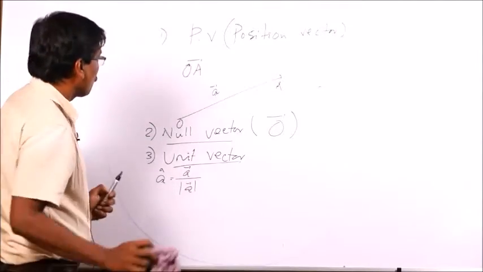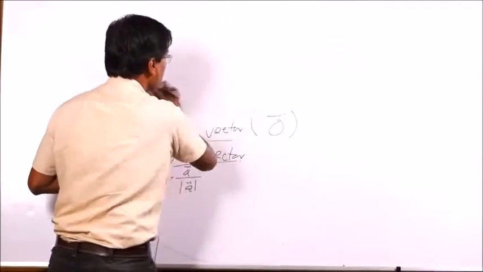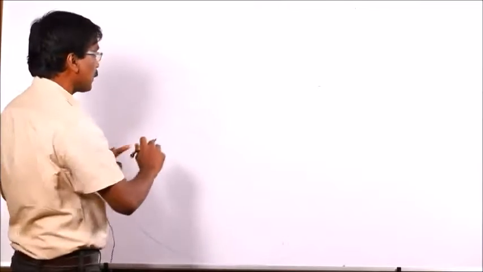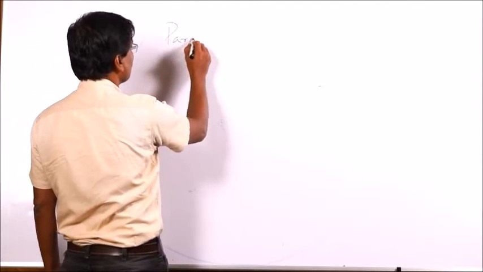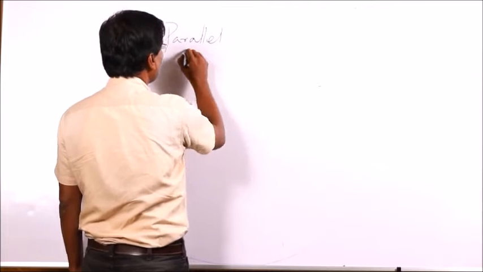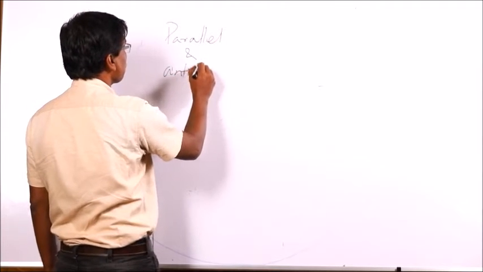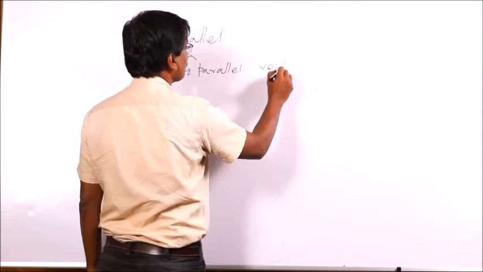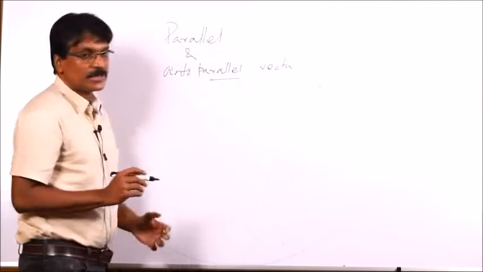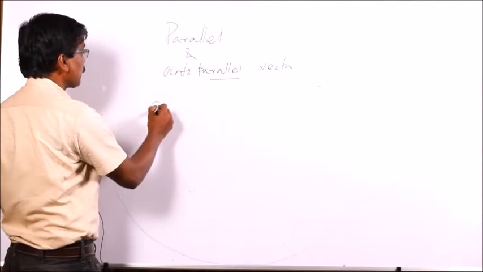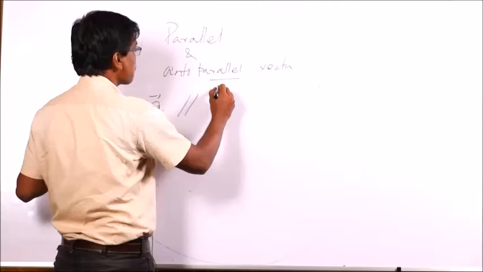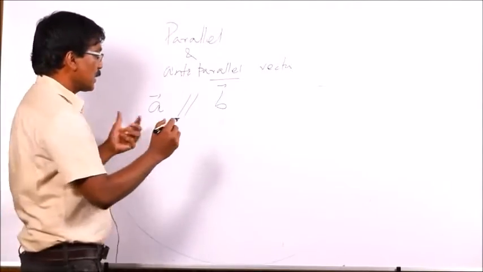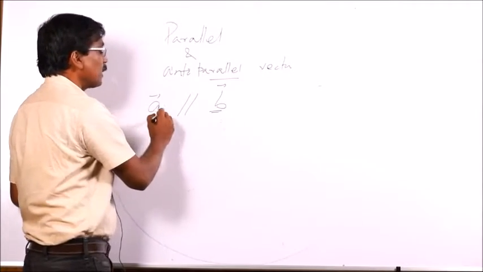Next, we have parallel and anti-parallel vectors. Two vectors, say A vector and B vector, are parallel if they have the same direction. That is, the B vector is said to be parallel to the A vector.